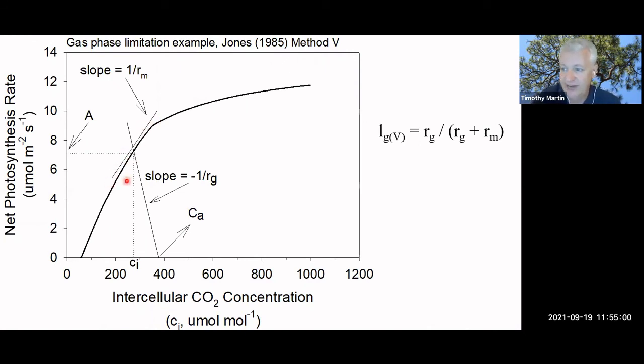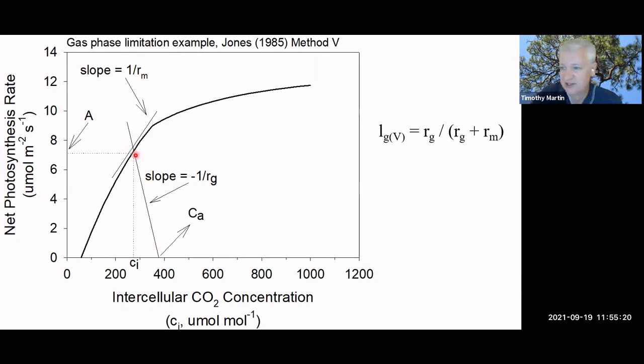So sometimes when I'm advising folks and they're interested in calculating gas phase resistances, I'll suggest that they use Jones method 5 because it really only involves measuring net photosynthesis rate at 5 or 6 CO2 points.